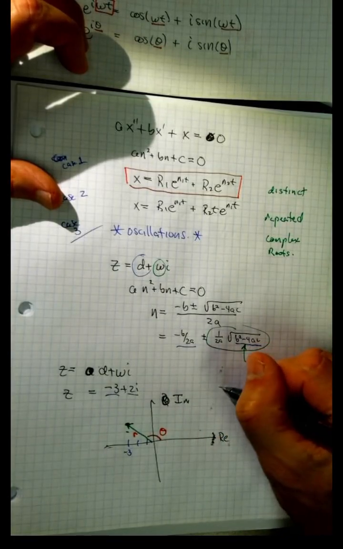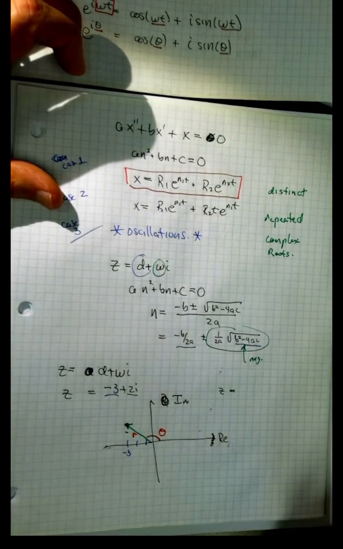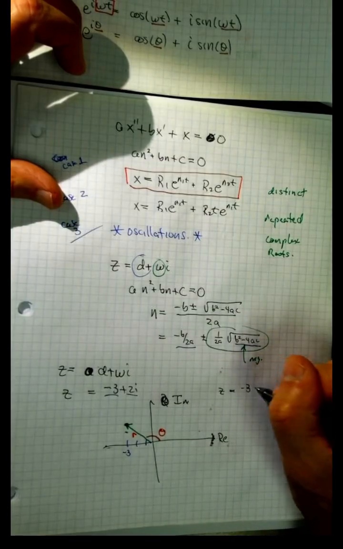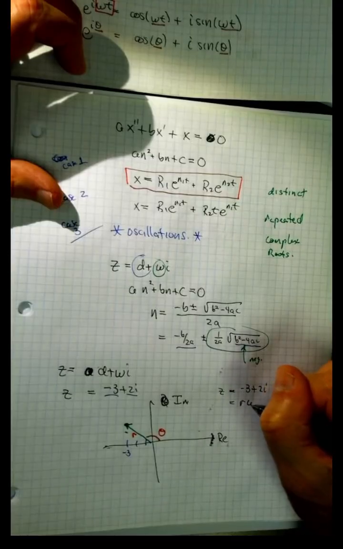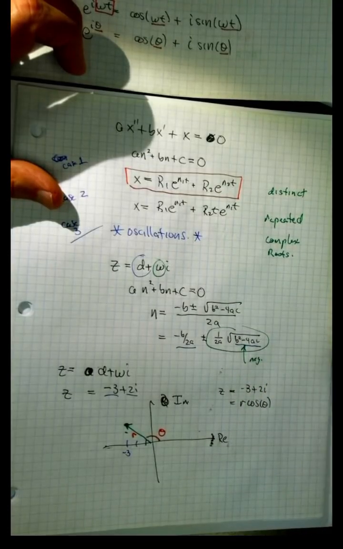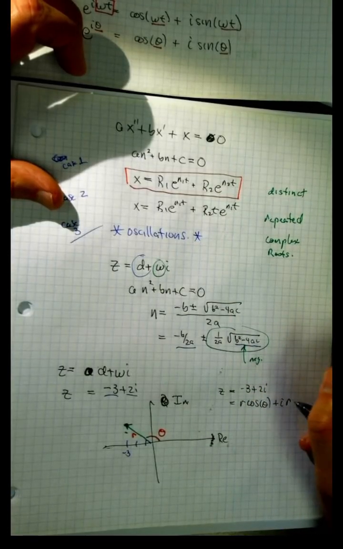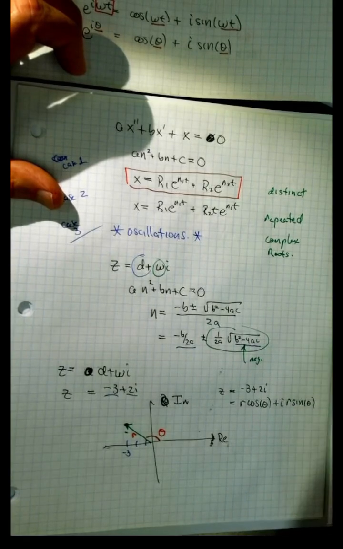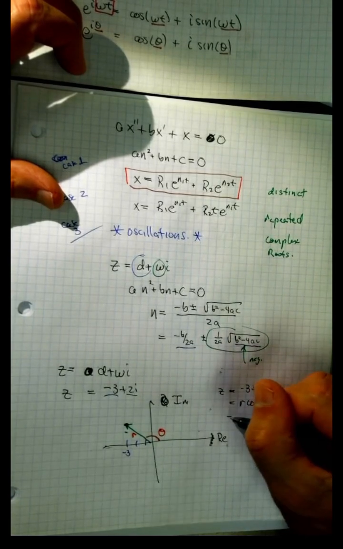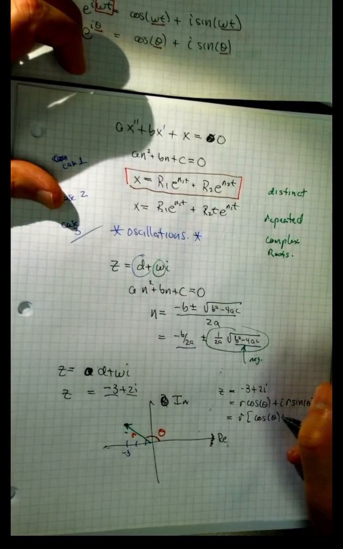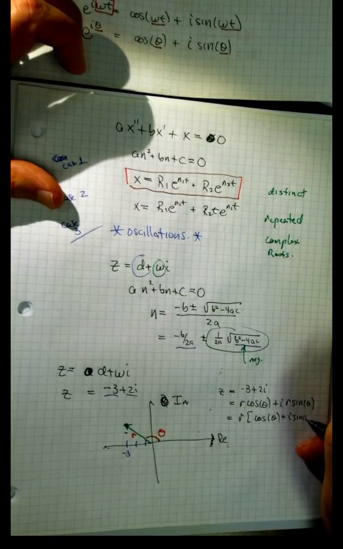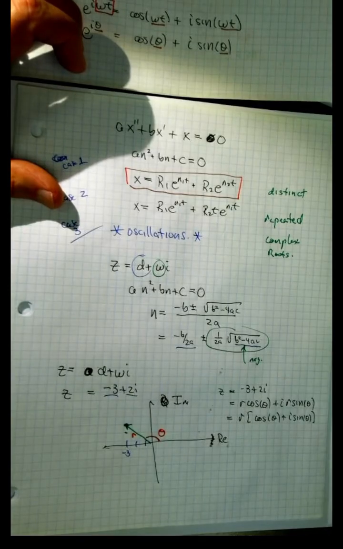And we had z equals minus 3 plus 2i. We can write it as r cosine theta for the real part plus i r sine theta for the imaginary part. And if I factor out the r, I have this.